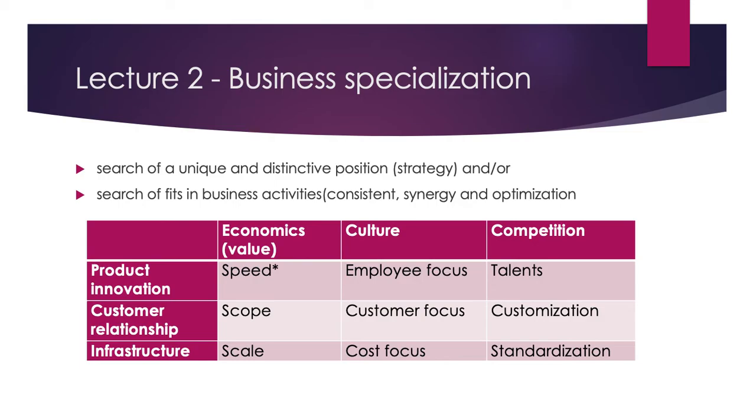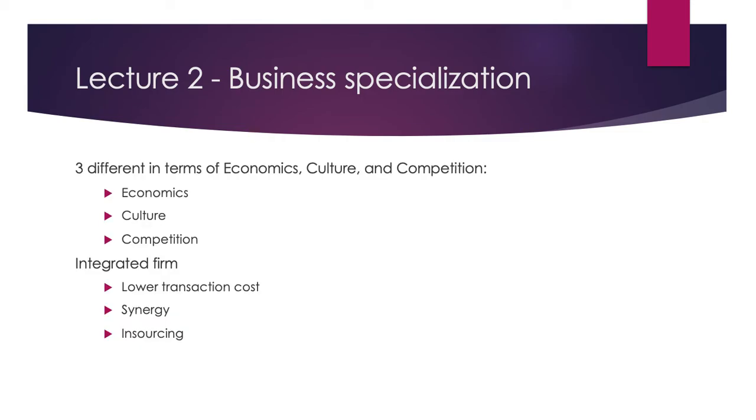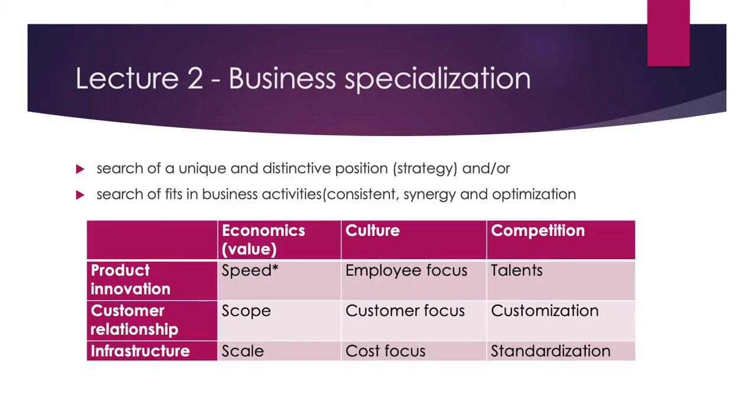Let's take a look at the table here. Here we have product innovation, for example, economy, culture, and competition. Product innovation: you need to have speed, how fast is it?